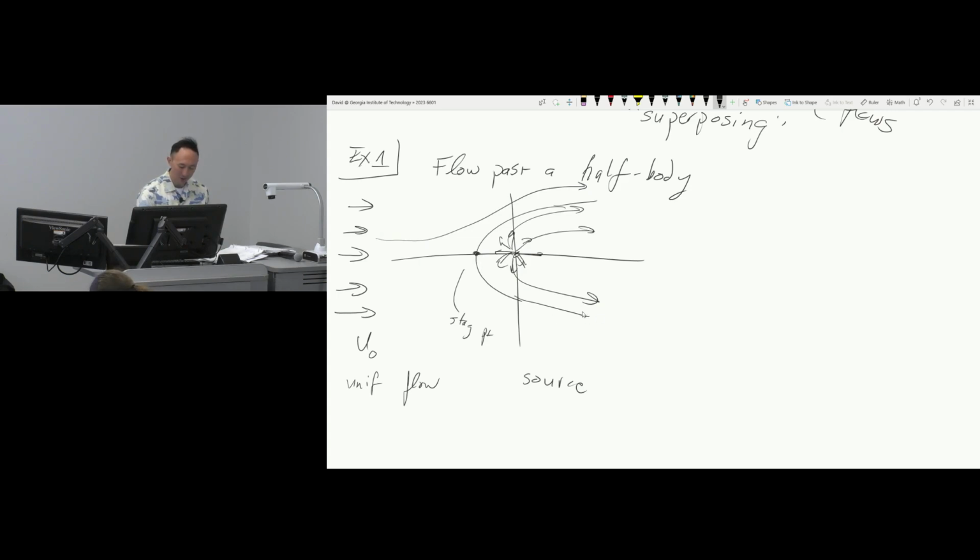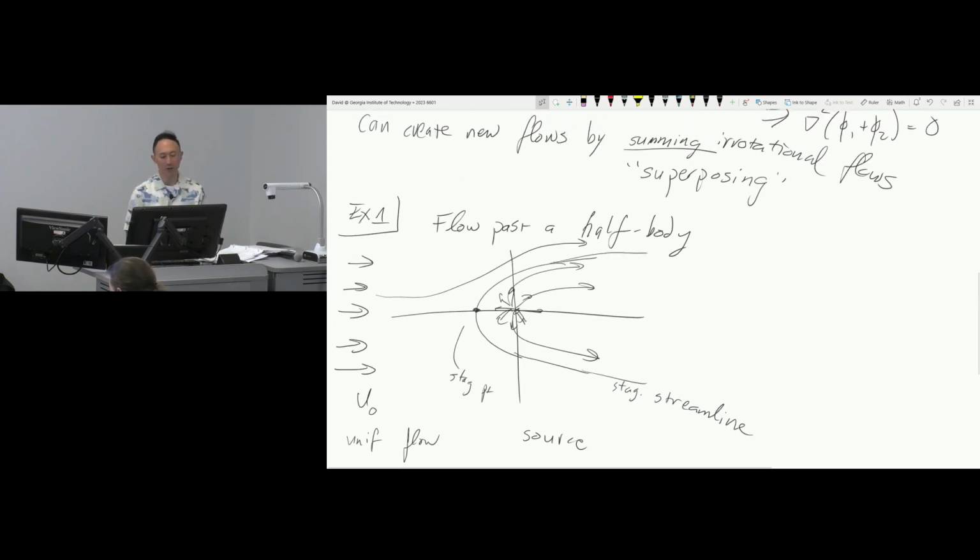The stagnation point is going to define a stagnation streamline. And in steady state 2D potential flow, you don't have streamlines crossing. Therefore, streamlines can be used to imitate artificial bodies. So everything above that stagnation streamline is going to go above it. Everything inside is going to stay inside.